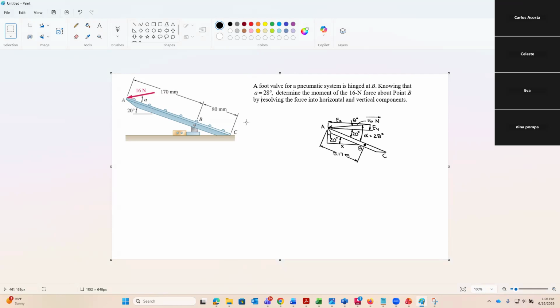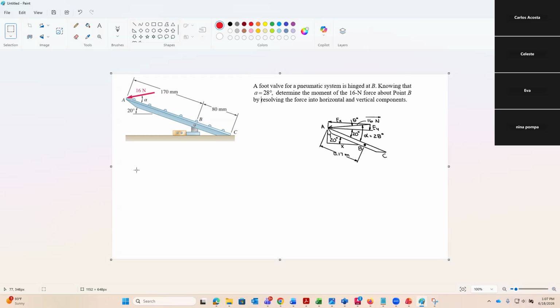So this is a real example. You have 0.17 meters from the point of the valve rotating to where the force is applied. You have 20 degrees with respect to the horizontal, and you have 28 degrees with respect to the x-axis. Okay, let's stop there.